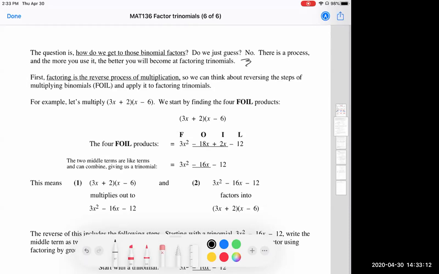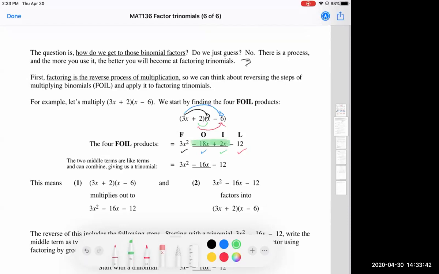We can start by finding the 4 FOIL products. So that means multiply 3x times x, we get 3x squared. 3x times negative 6, we get negative 18x. 2 times x, 2x. And 2 times negative 6, negative 12. The middle two terms are like terms, and we can combine them, giving us a trinomial. We can add them, right?